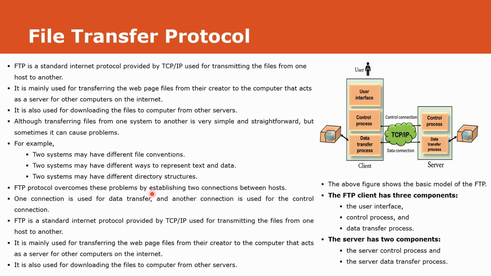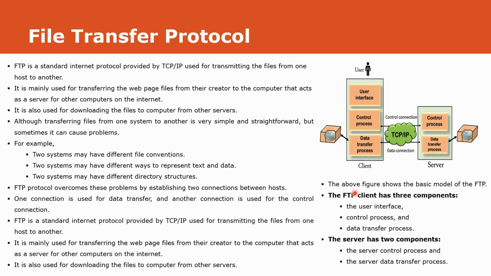So while we transmit data from source to destination using FTP, it creates two connections: one for file transferring, data transfer, and another to control the connection. FTP is a standard internet protocol provided by TCP/IP. It is mainly used for transferring web page files from one source to another.